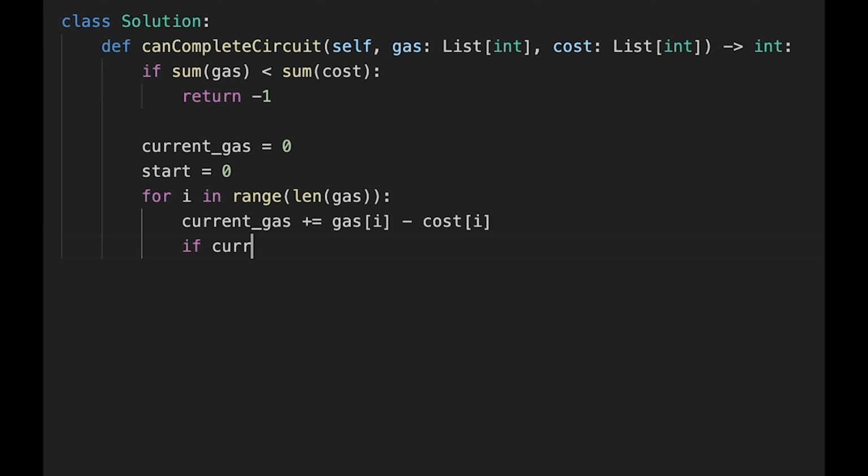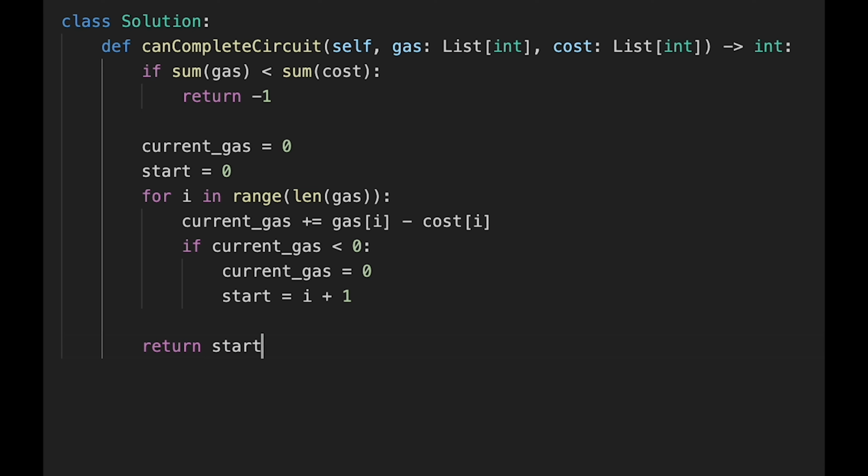And if current gas is less than 0, in that case, reset current gas to 0 and move the starting point to the next index. So start point should be i plus 1. And then in the end, we should return the starting point.